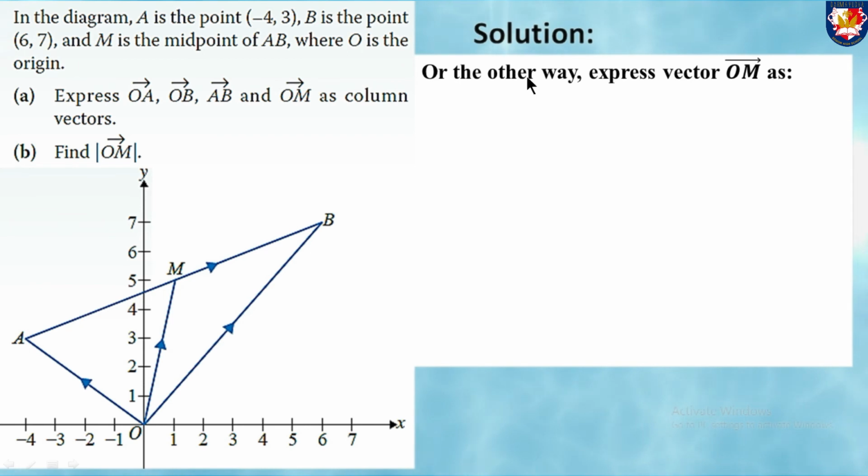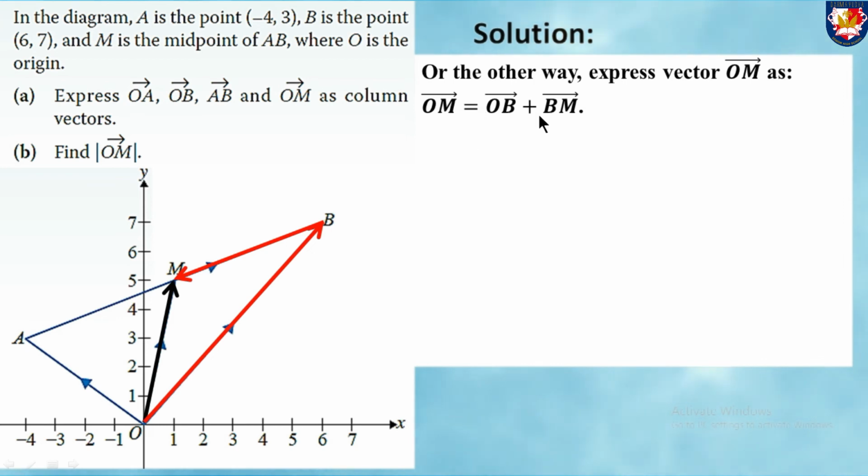Or the other way around to express vector OM. We can see vector OM as the resultant of vector OB plus vector BM. So we can write vector OM as OB plus BM. Now, OM equals OB minus MB because we multiply BM by negative, which means we switch the initial point and terminal point, so BM becomes MB.